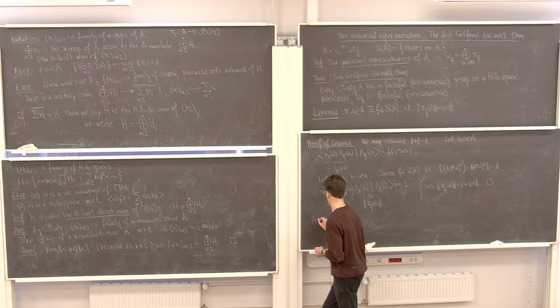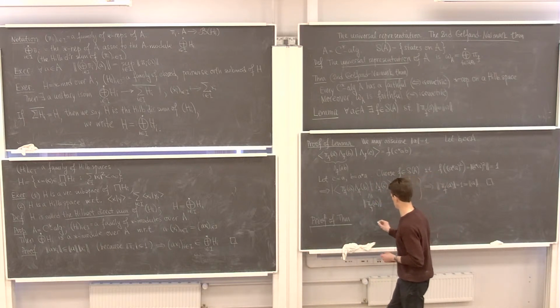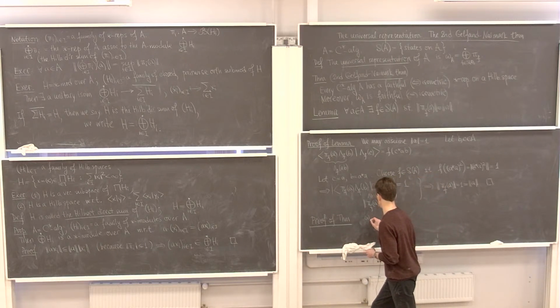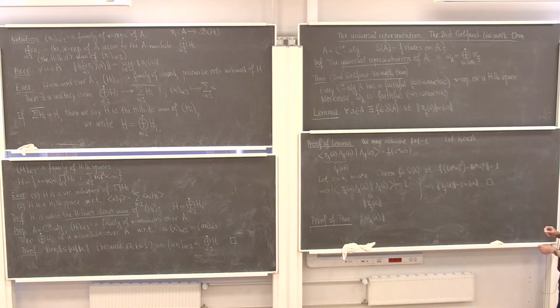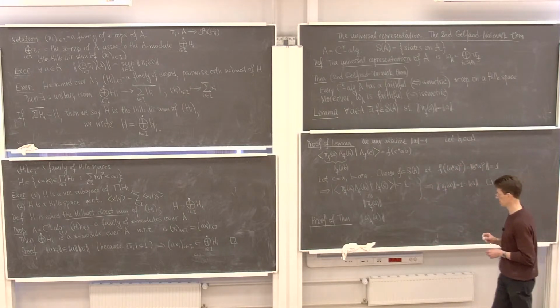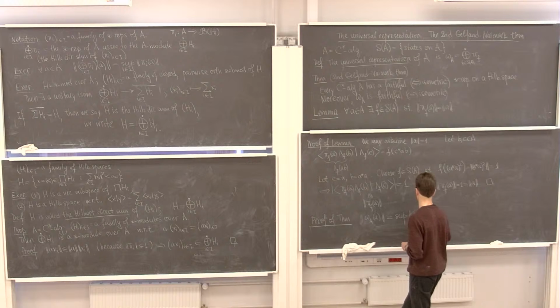Now, the proof of the Gelfand-Naimark theorem is just a line. So, the norm of omega of A, where omega is the Hilbert direct sum of all GNS representations associated to all states, is the supremum of the norms of pi f of A, where f runs over the collection of all states.